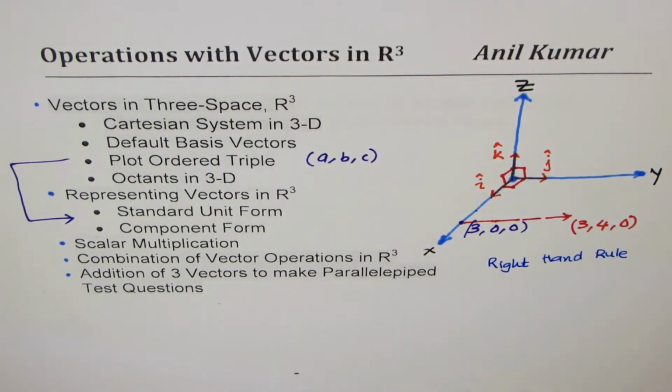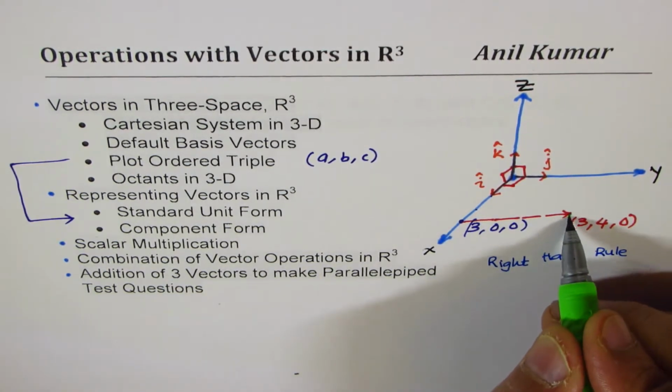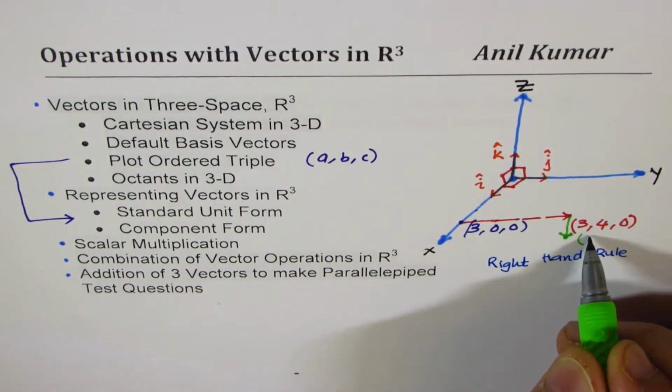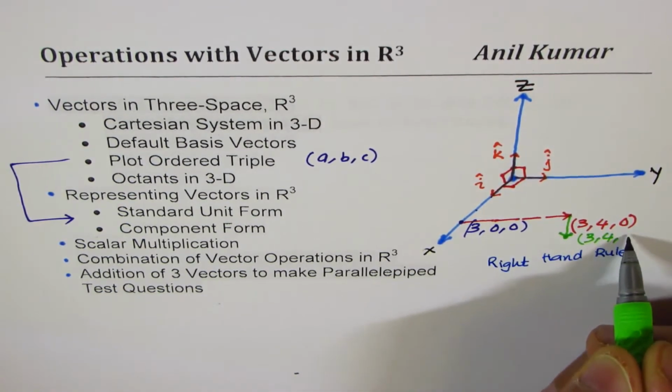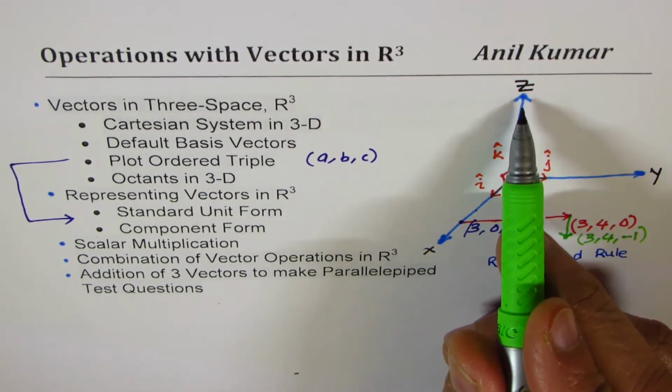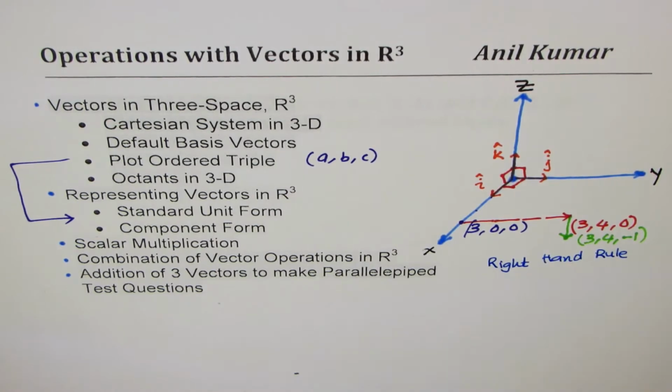And if I move downwards from here 1 unit, the point reached will be (3, 4, -1), since we went against the direction of the positive z-axis.